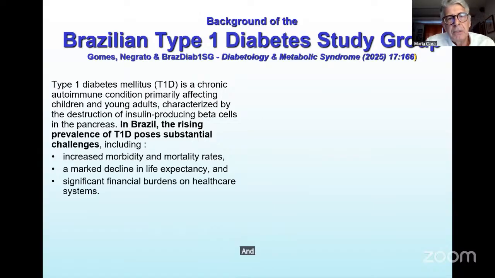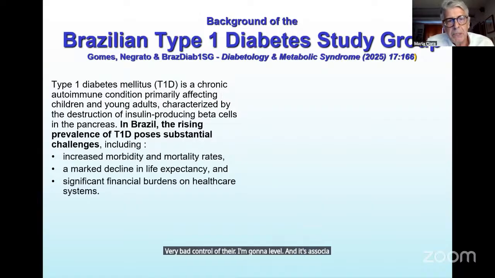Type 1 diabetes involves destruction of the beta cells in the pancreas, so these individuals do not produce insulin.